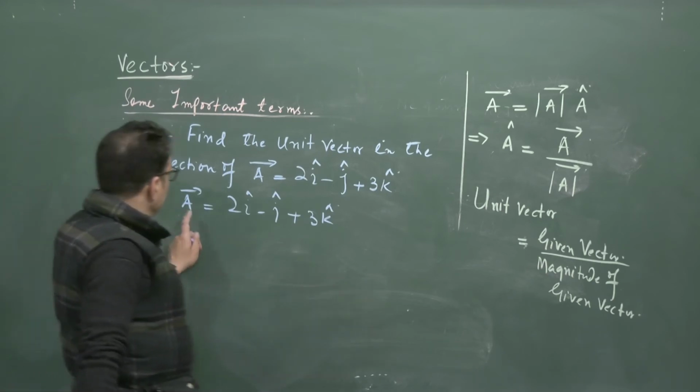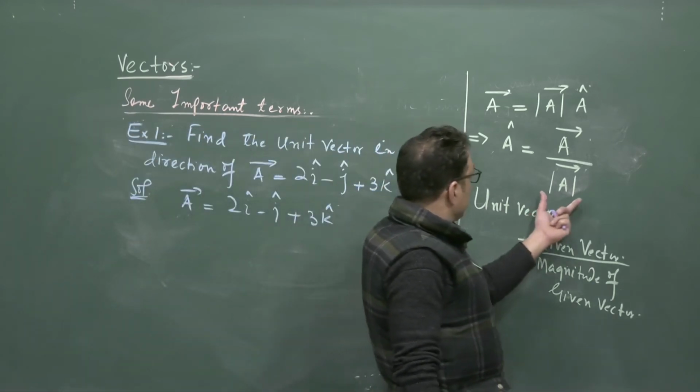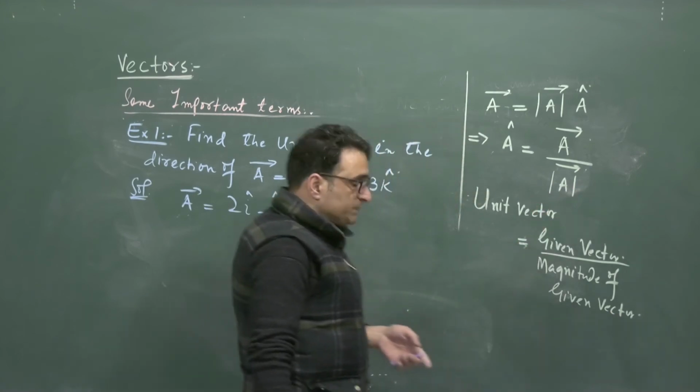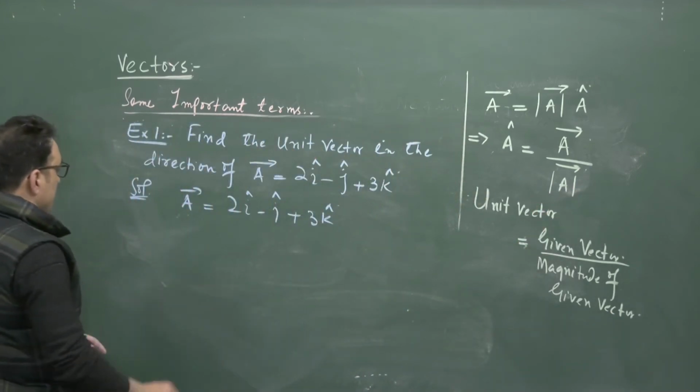Now, in order to find the unit vector of vector A, we need to find the magnitude. Now, how to find the magnitude?